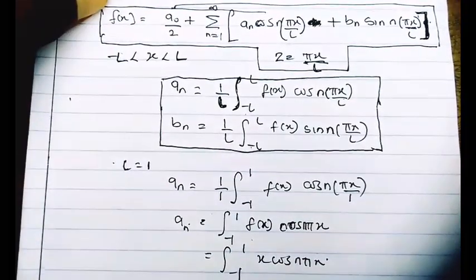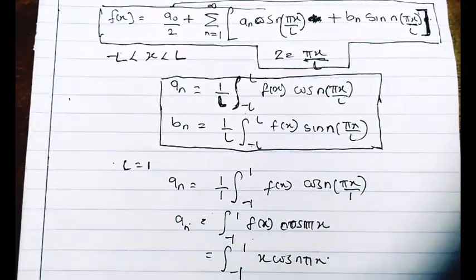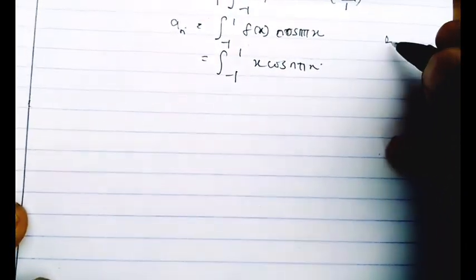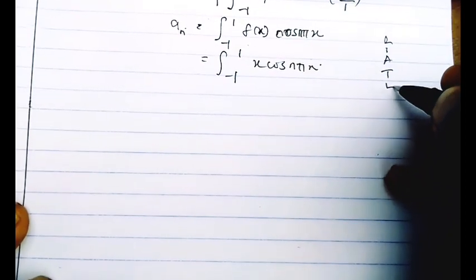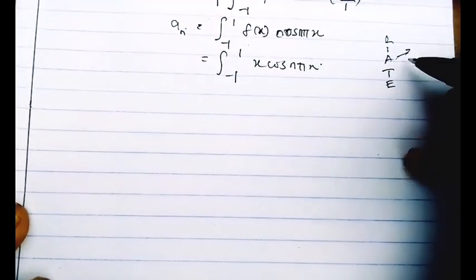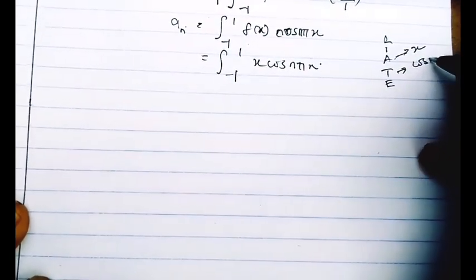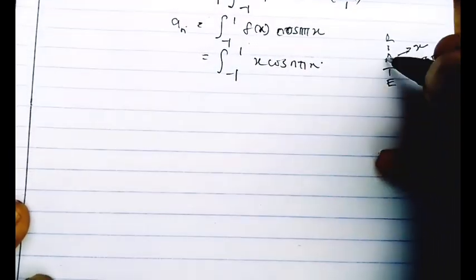Your usual way, we have to use our normal integration by parts method. If you remember your sequential process, this is my arithmetic and this is my trigonometric. Arithmetic comes before trigonometric, so my x takes my u.